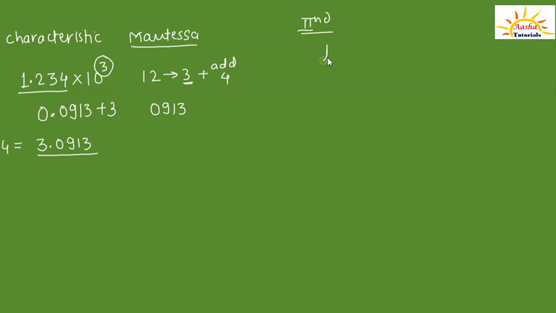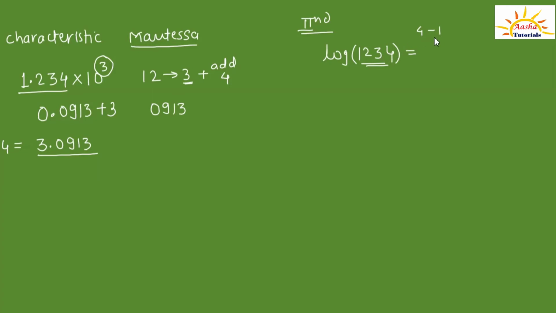There is another method which is very simple compared to the first. How can we find the log of 1234? As this is a 4-digit number, we can get the characteristic value by subtracting 1 from the number of digits present in this number.